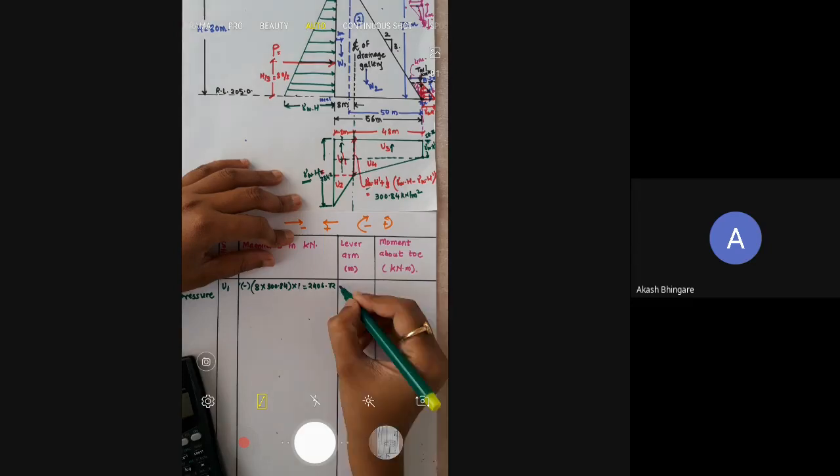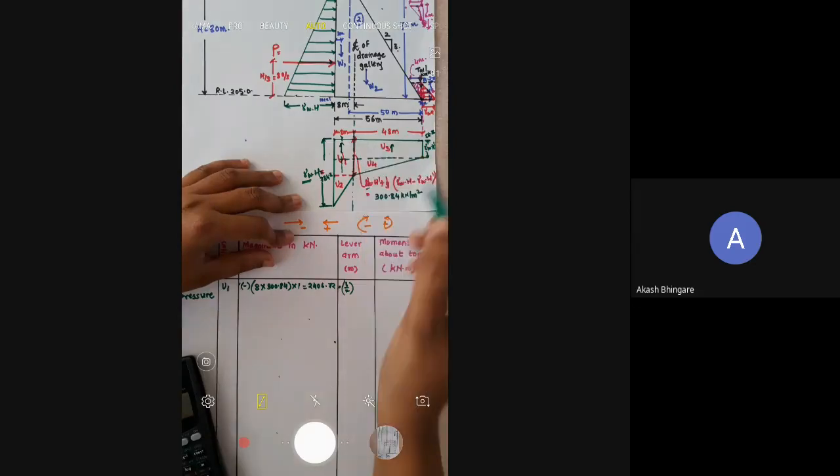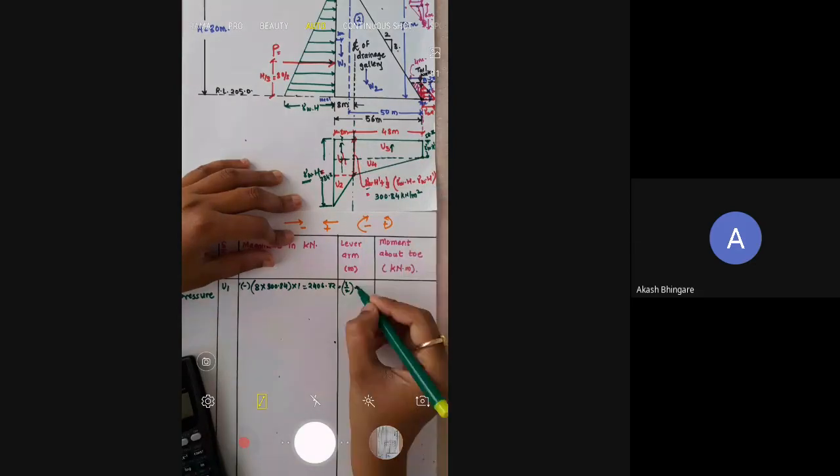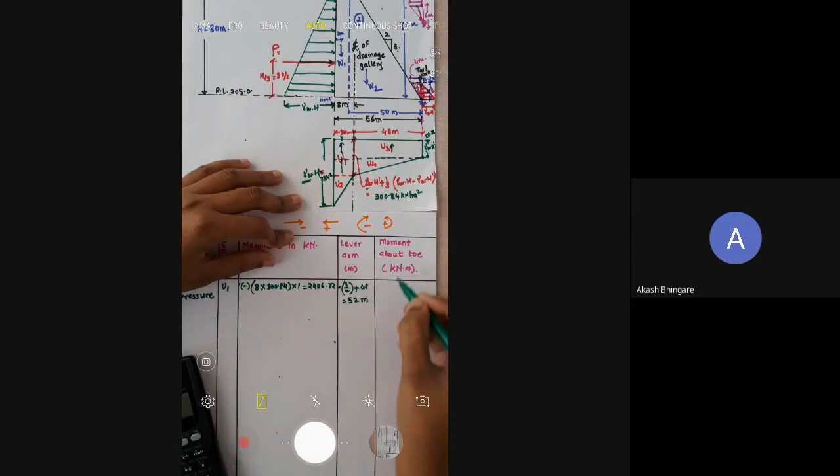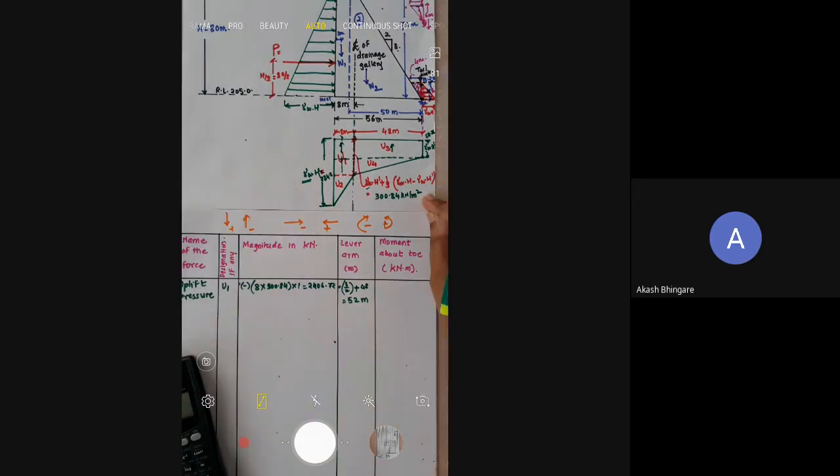For your understanding, I will write it as 8 by 2, up to its center, plus 48. So this will be 52 meter. Work out the moment about the toe quickly. Now let me know the nature of the moment, whether it is clockwise or anti-clockwise.